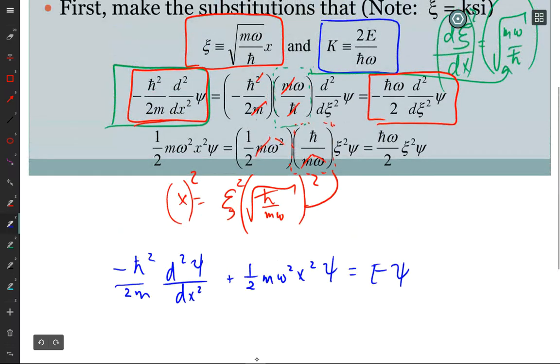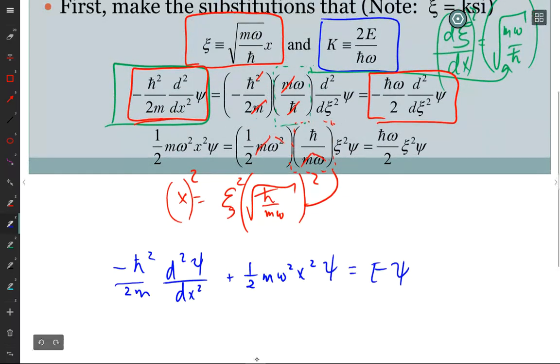Now, making the substitutions that we've just used, this first term is going to become minus h bar omega over 2 times d second psi dc squared.